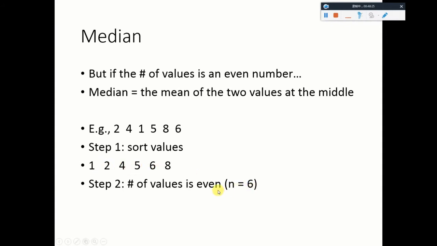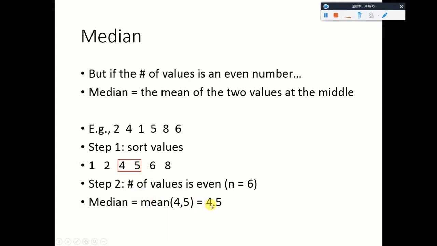6 is an even number, so we need to find the two values at the middle or the center of the sample. So it's not just 4, not just 5, but both 4 and 5. And step 3 will be to find the mean of these two values.